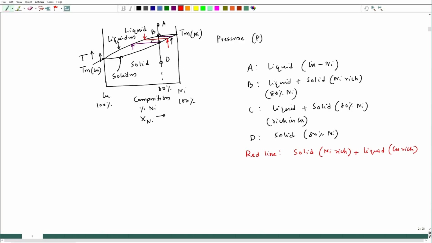Like that way, by giving an example of a single component as well as a binary system, I have put a copper nickel system where the melting point of copper and the melting point of nickel are placed at 100% of each of those components, and the melting point of copper is lower than the melting point of nickel, so copper is placed at the lower point.